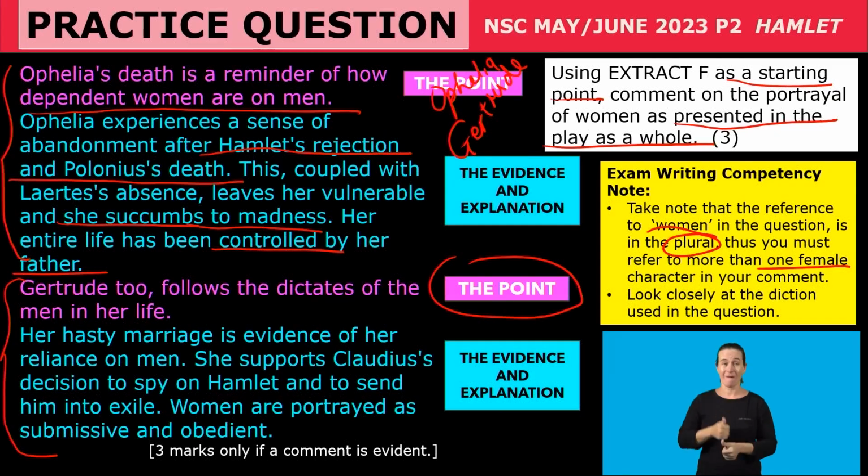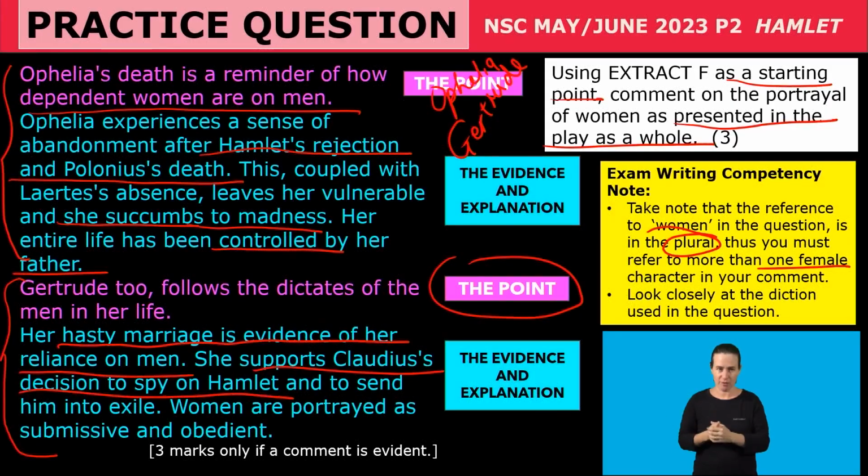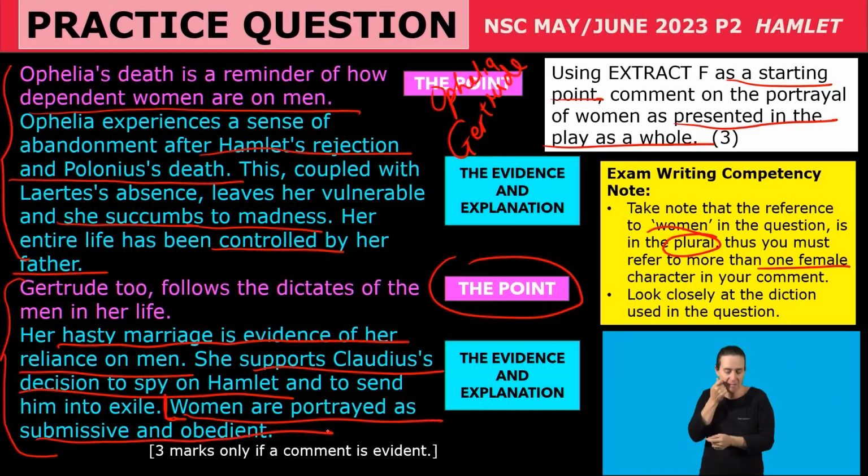Gertrude, too, follows the dictates of men in her life. Her hasty marriage is evidence of her reliance on men. She supports Claudius's decision to spy on Hamlet and to send him into exile. Women, so this is a general remark, are portrayed as submissive and obedient.